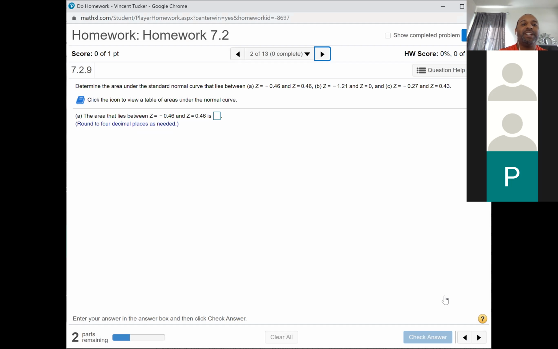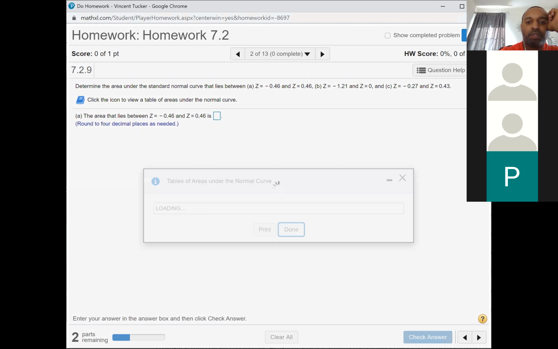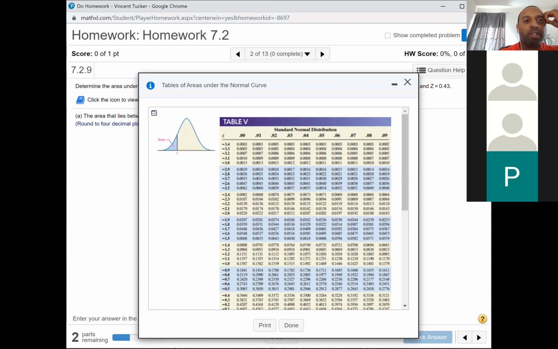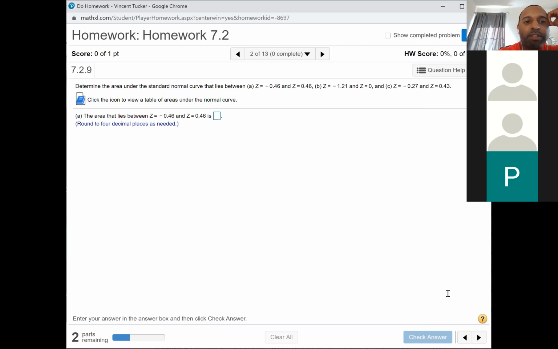Let me see what they give you as far as the click here to table. Okay, so they give you the z-score chart right here, so you don't have to go flip into it. Yeah, that's the one I've printed out 900 times. They give us between -4.6 and 4.6.